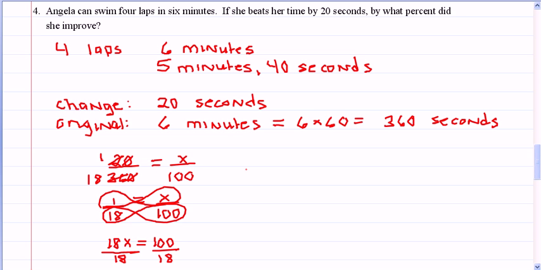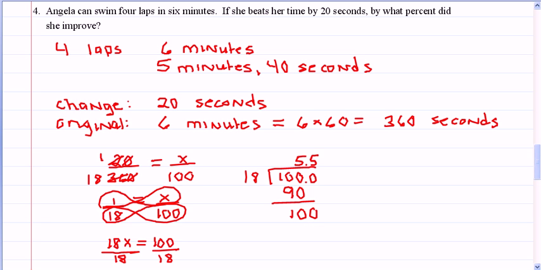And if I show that on the side, 18 times 5 is equal to 90. And if I add a 0, I'm back to 100, so I'm going to keep getting 5.